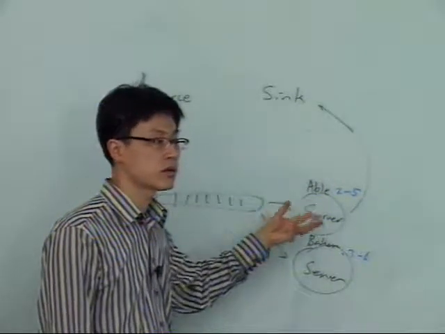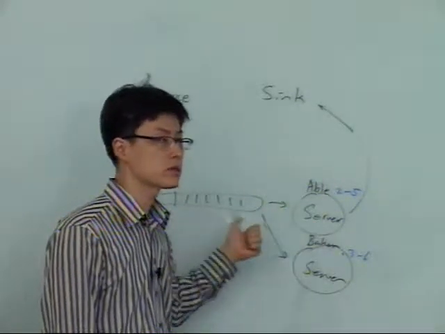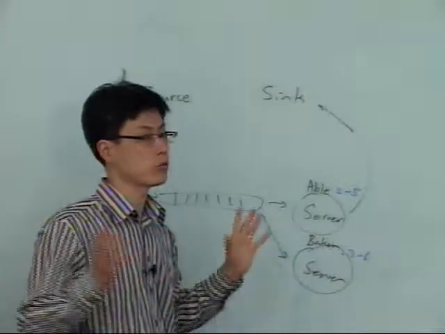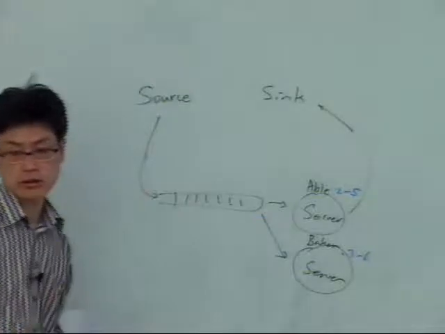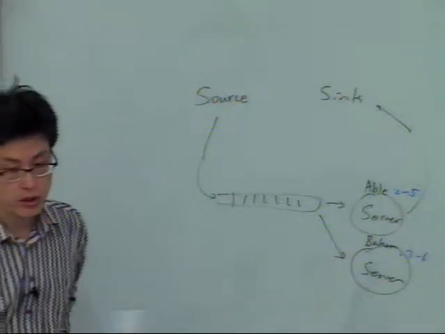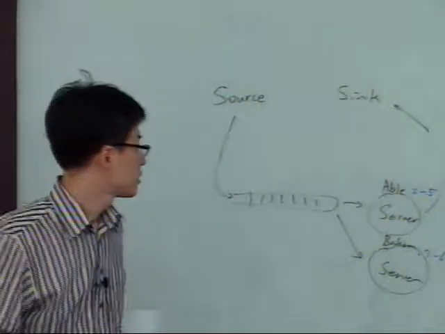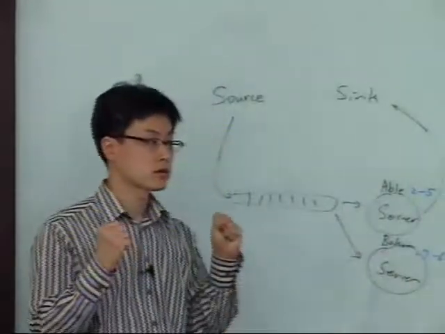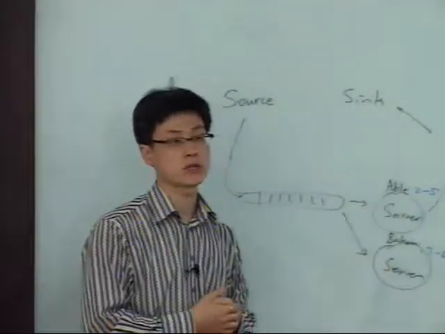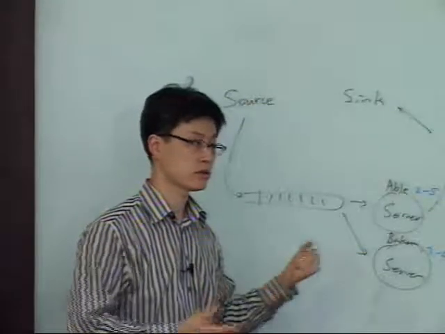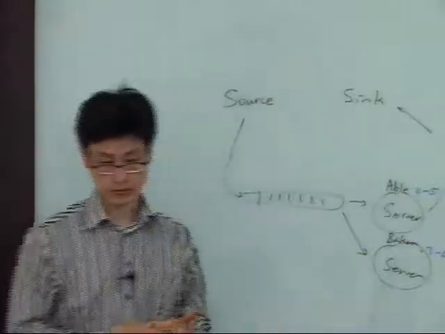The first available server will be his server, right? So we don't know beforehand, right? But when both of them are available at the same time, Able will automatically be the service provider, right? Okay.